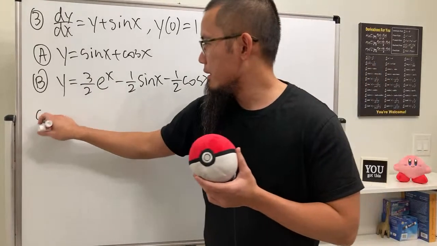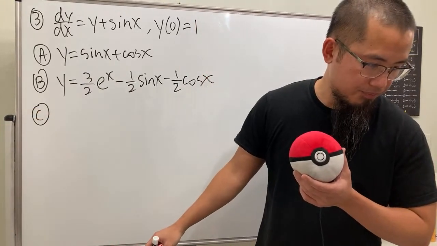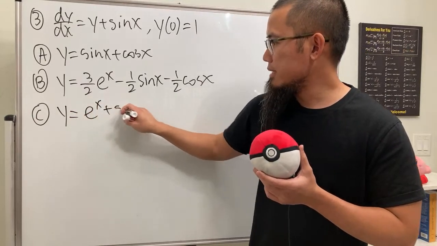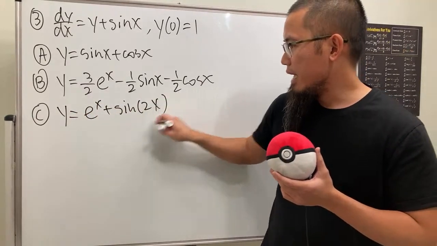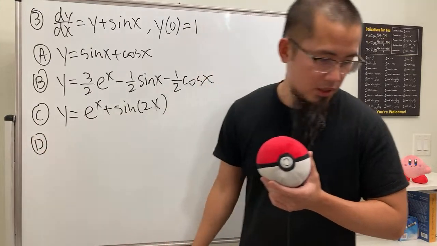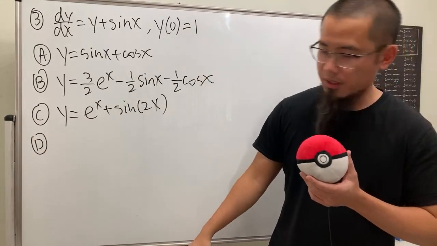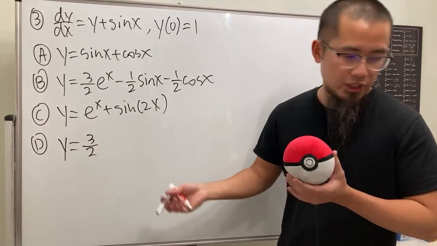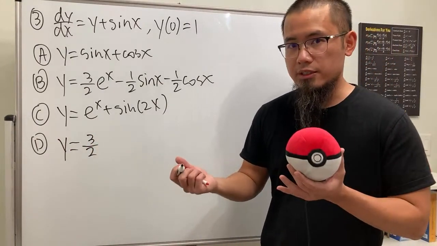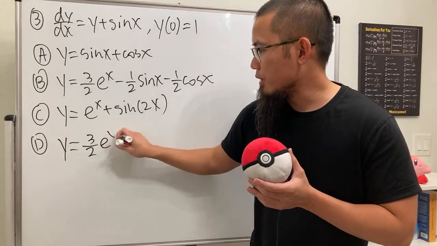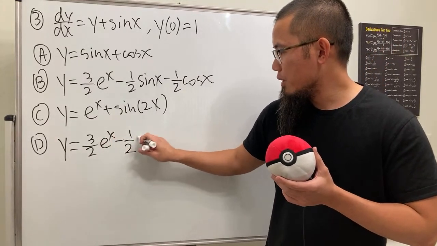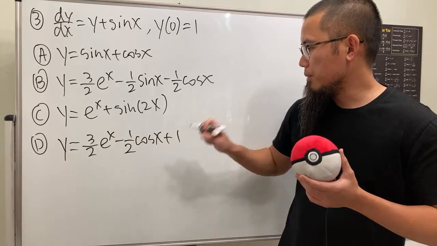Next one, we have y is equal to e to the x plus sine of 2x. And then the last one: 3 over 2 e to the x, minus 1 over 2 cosine x, and lastly plus 1.